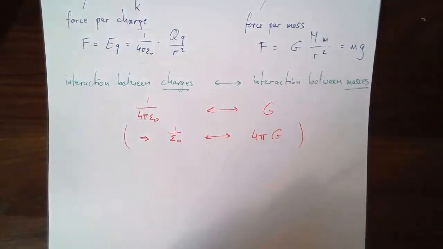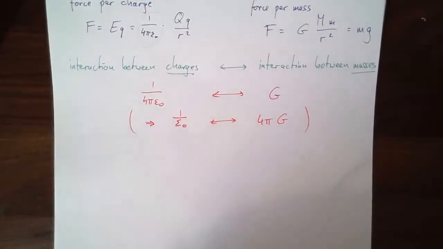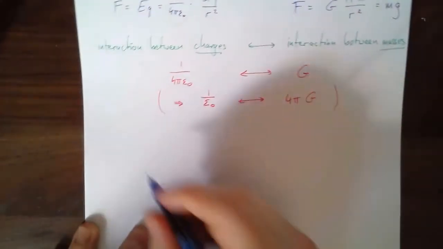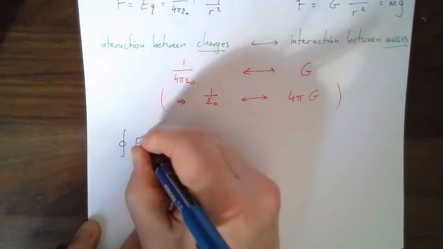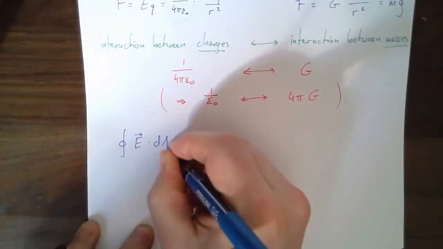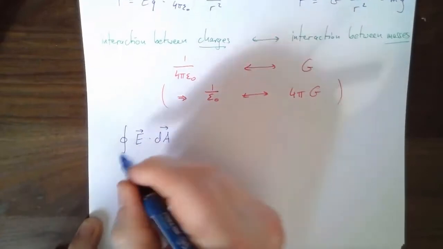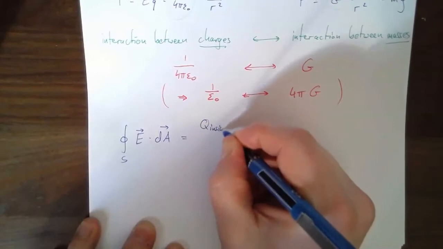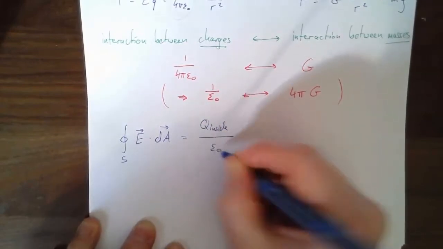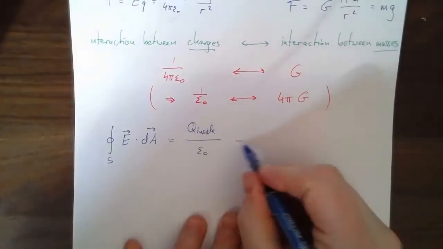So you can do the derivation we did in part 1, talking about gravitational flux and so on. You can do all that, but we're not going to. I'm just going to put down this translation and then write down Gauss's law of gravity. So Gauss's law for electrostatics was the integral of E dot dA over some closed surface equals Q inside over epsilon naught. And now I'm going to translate.